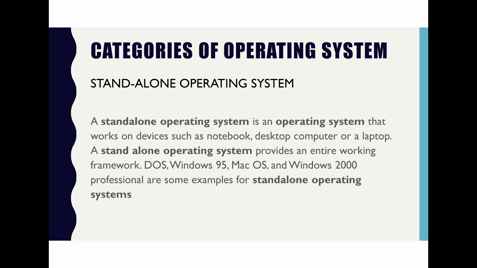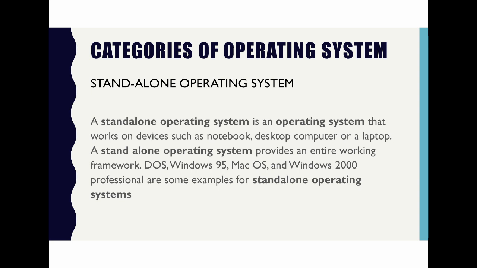It required MS-DOS to be running behind it, so it could not be said to be a standalone system. But nowadays there is no requirement for MS-DOS to be running in the background of Microsoft Windows. Now I have listed some examples also. Likewise, DOS, Windows 95, Mac OS, that is released by Apple Inc., and Windows 2000 Professional are some standalone operating system examples.